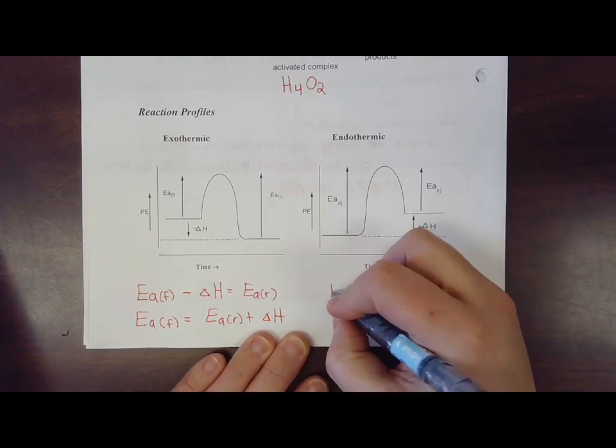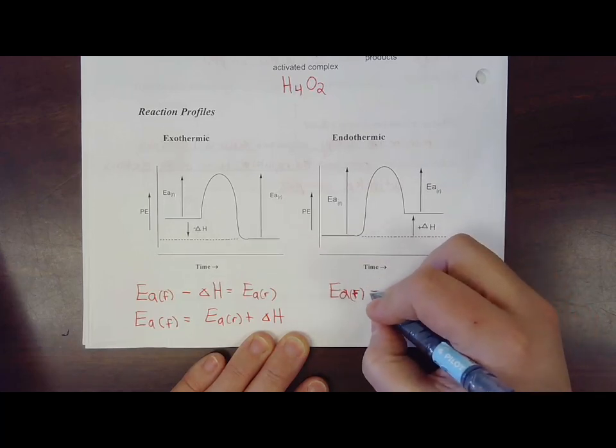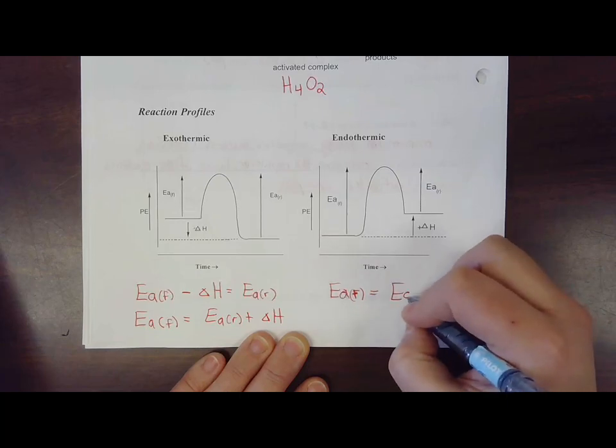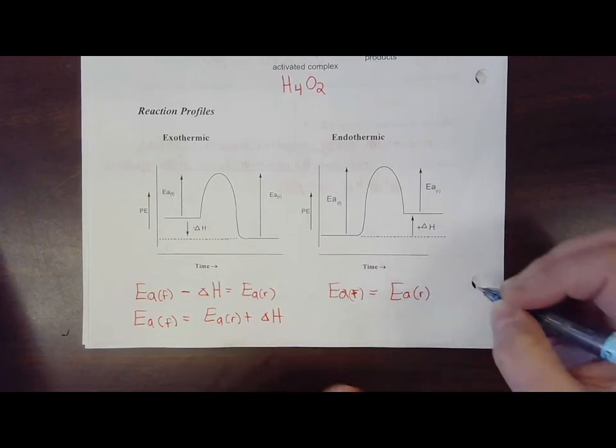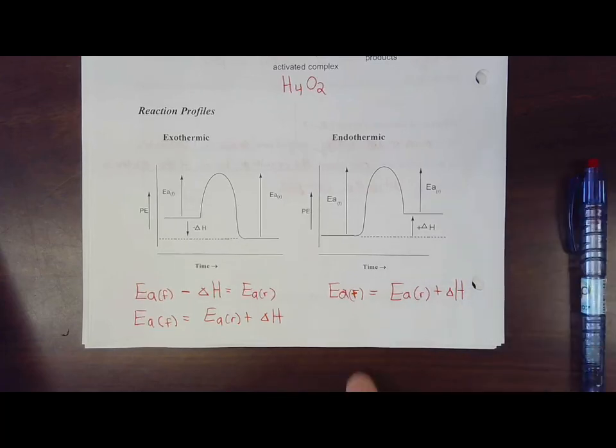Then for this one, I'm only going to write one version. You can obviously, oops, this is forward. You could obviously rearrange this one as well. So it's pretty basic integer math, but we just want to make sure we understand where it's coming from.